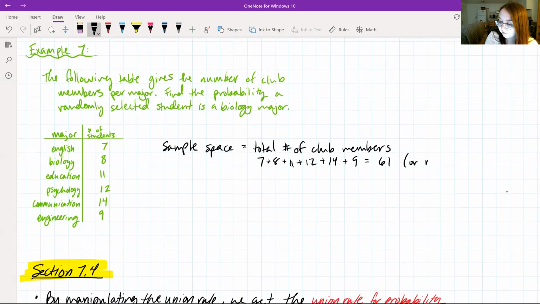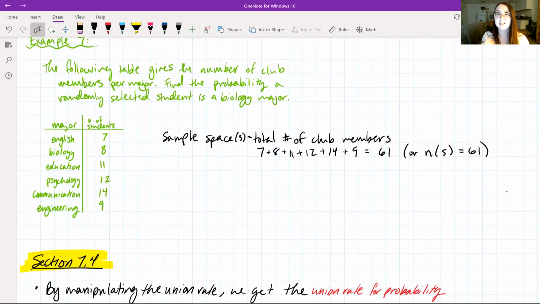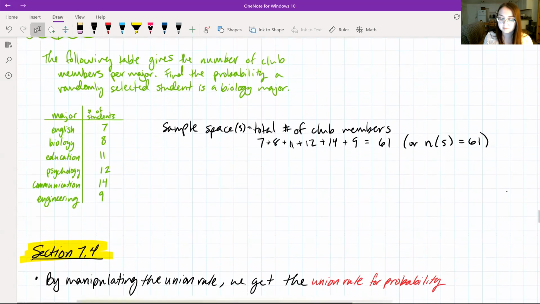Or n of S is equal to 61, and let's put sample space S. There we go. So now we have our number of elements in our sample space, which is 61. Now we just need our number of elements in our event.